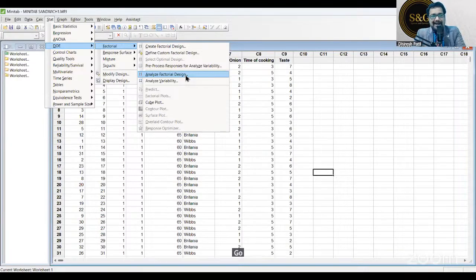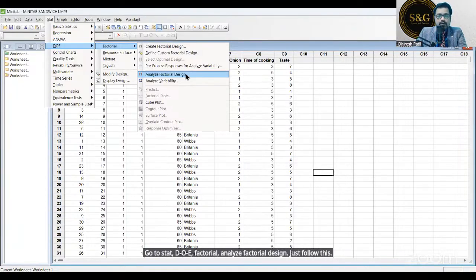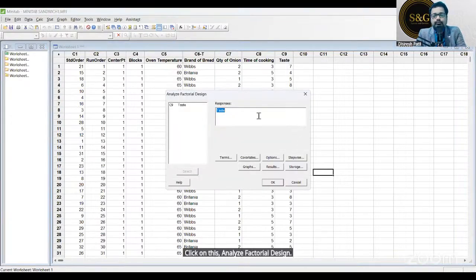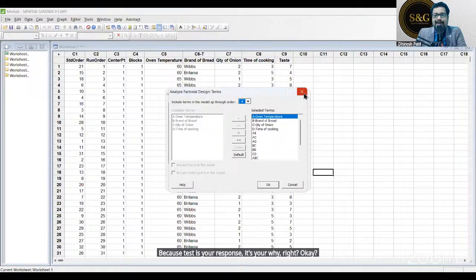Go to Stat, DOE, Factorial, Analyze Factorial Design. Just follow this. Click on Analyze Factorial Design. Just select Test. In Response, you have to select Test, because test is your response, your Y. Don't do anything else, just click OK.